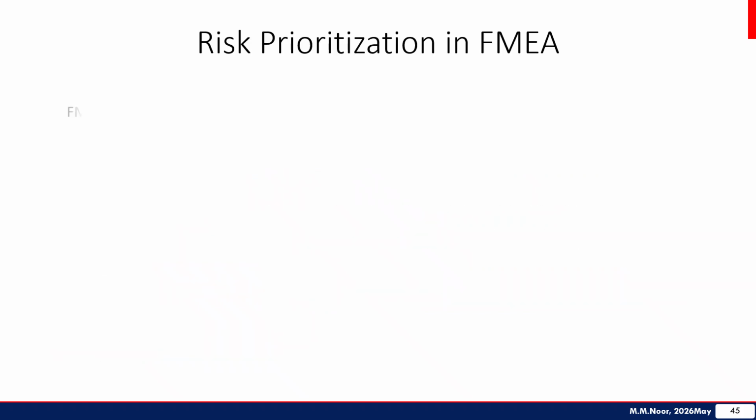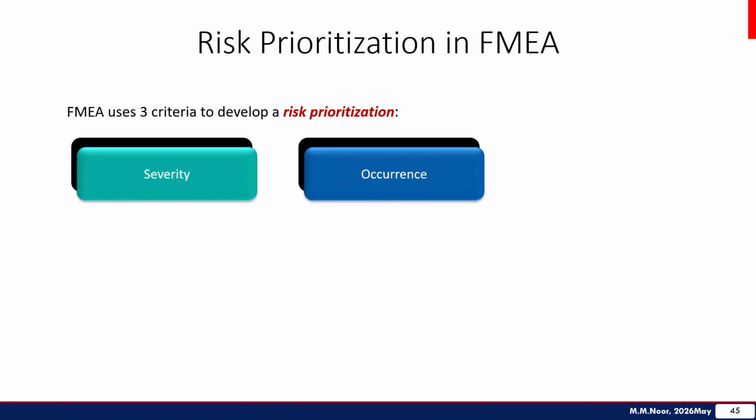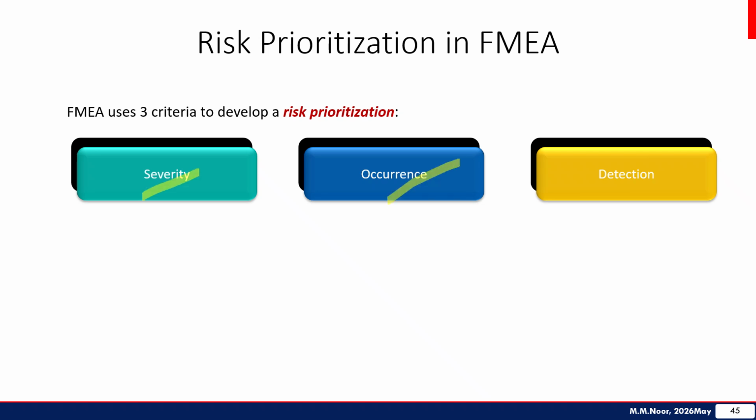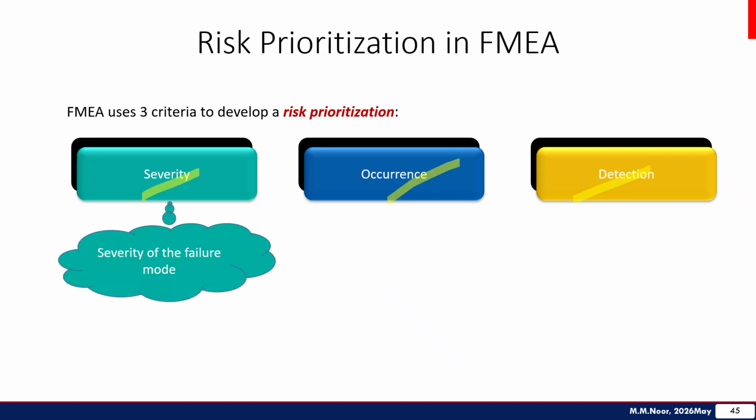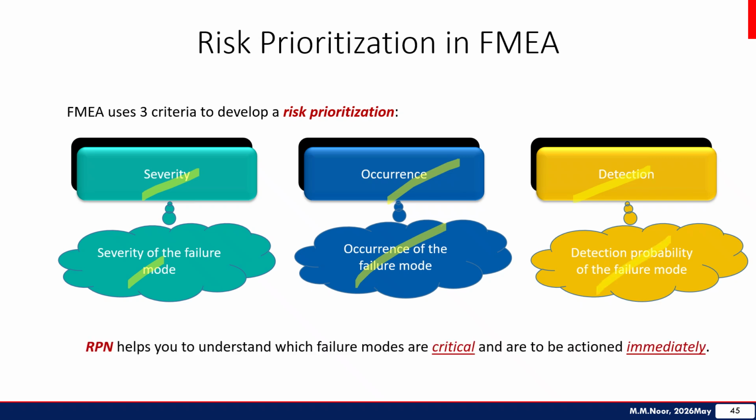Okay, that's prioritize. How to prioritize? We have 3 factors: severity, occurrence, and detection. These three are the severity of the failure mode, how often the failure mode happens, and also how to detect it. That's it.